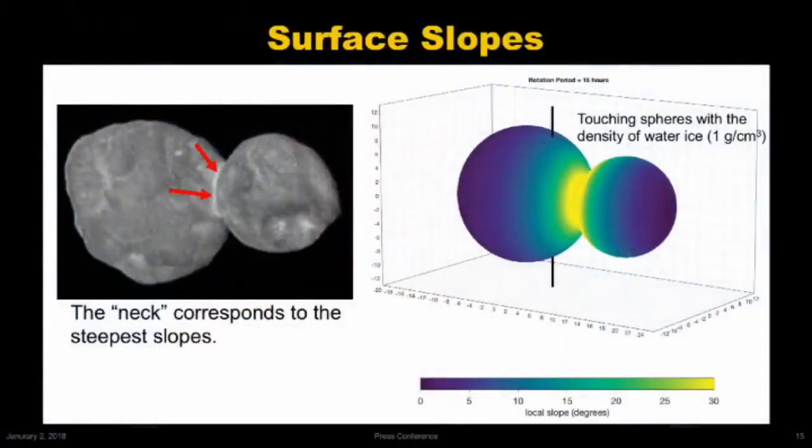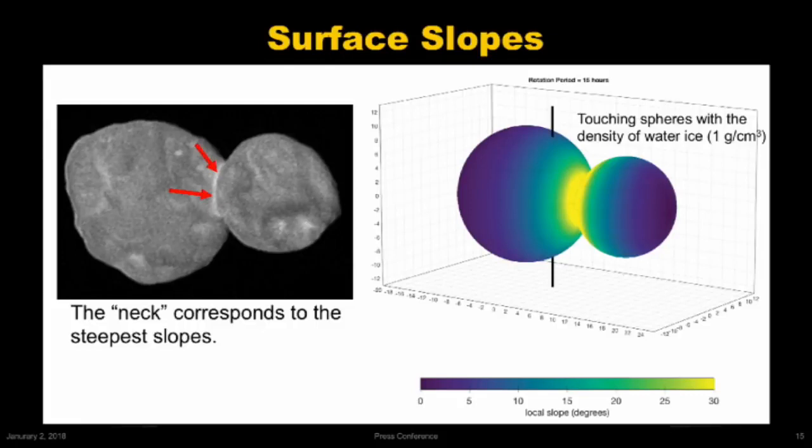Okay, in fact, we have one way to think a little bit about surface slopes already. Team member James Keene has developed very quickly a computer model, which you can see on the right, where he's been able to determine the highest local slopes: if you were a particle sitting on Ultima Thule, where would you be on a steep slope?